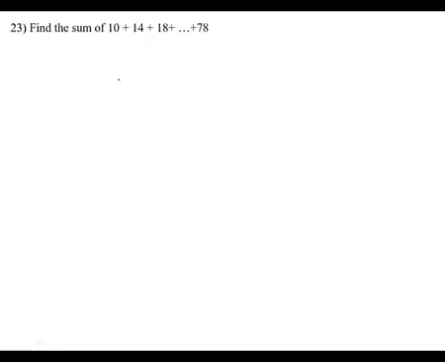What are we adding? It looks like our common difference is 4. Okay, so we know we're doing arithmetic. Again, I will make sure you have the formulas for these, so don't panic about memorizing them. So you've got n over 2 times a sub 1 plus a sub n. You might not have the names of the formulas. I don't remember if we put that on there or not. So you need to understand which one goes to which thing. Okay?